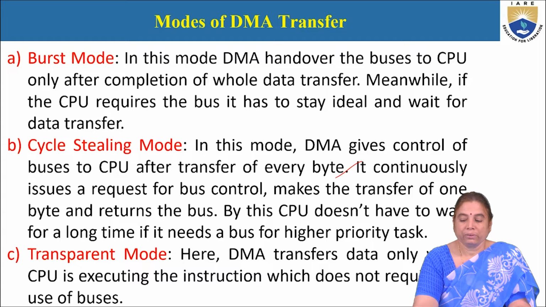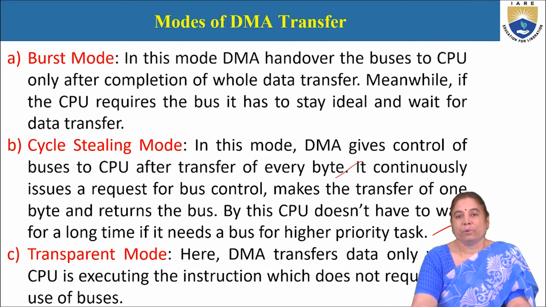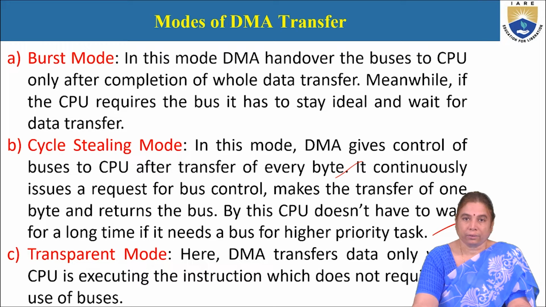By this, the CPU does not have to wait for a long time if it needs a bus for a higher priority task. So here, if the CPU is busy executing a higher priority task and the control is taken by the DMA, the CPU can be idle and wait for the DMA to release the buses.